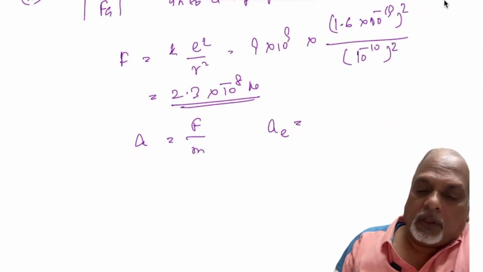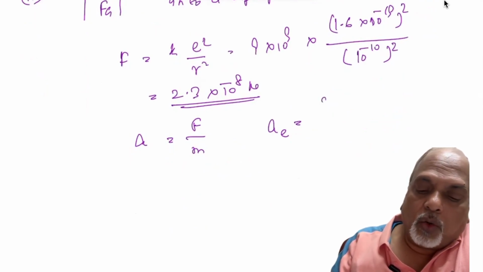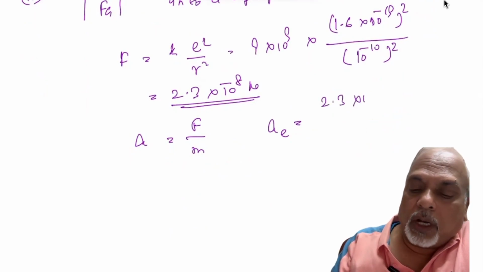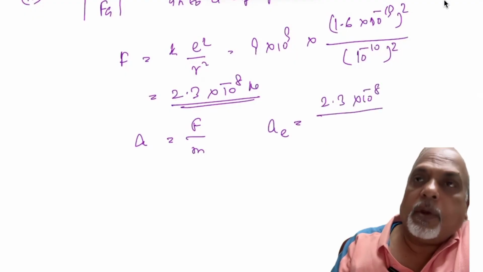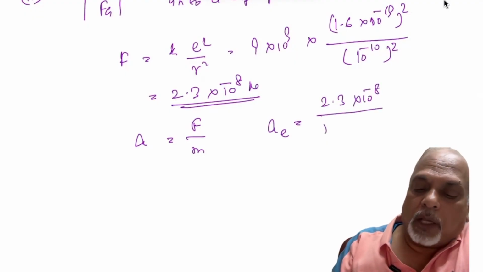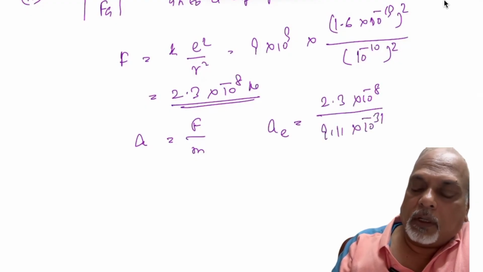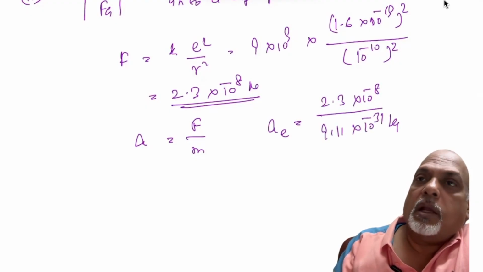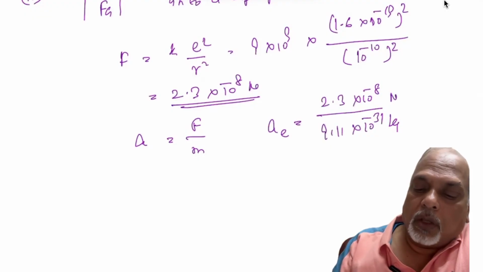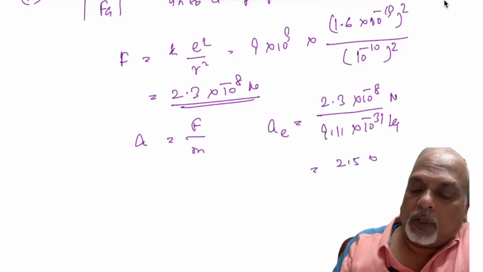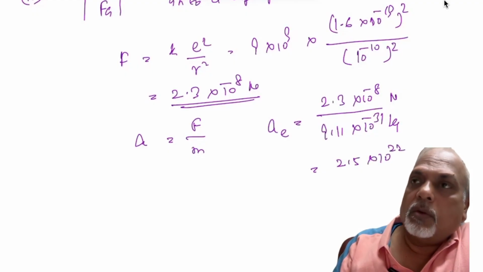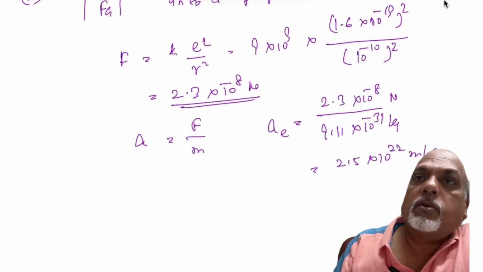Acceleration of the electron is 2.3 into 10 raised to minus 8 divided by the mass of the electron, 9.1 into 10 raised to minus 31 kg. And this is basically Newton. This will come as 2.5 into 10 raised to 22 meter per second square.